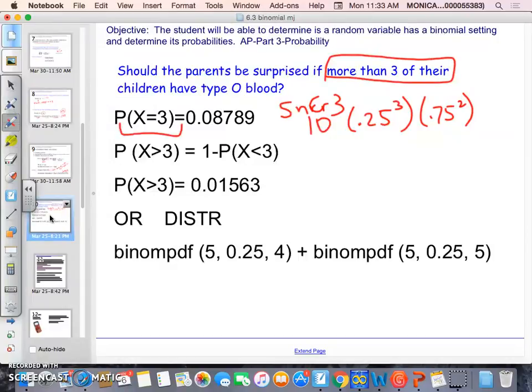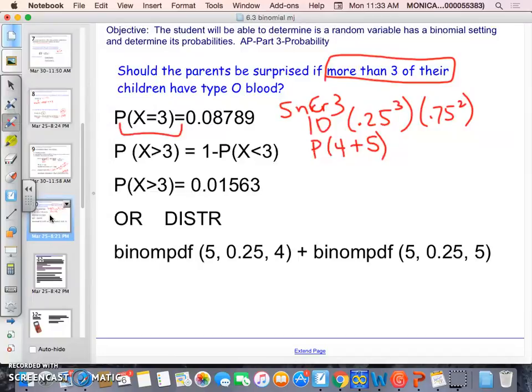Well, we wanted to know if more than 3 of their children have type O blood. And so more than 3 of your children is the same as taking the opposite, or 1 minus the probability of 3 or fewer. Basically, when you're looking at the probability of more than 3, you're looking at the probability of 4 plus 5. The probability of 4 of your children having type O blood plus the probability of 5 of your children having type O blood.